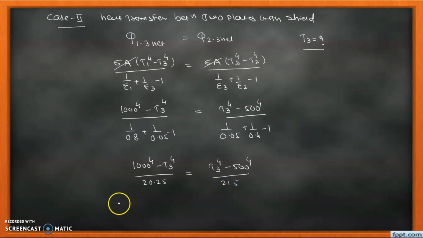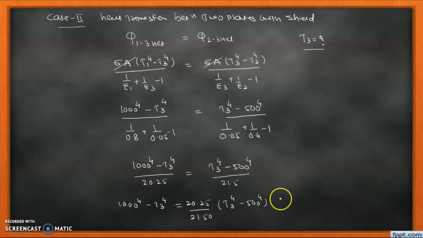Now by simplifications we get 1000 to the power 4 minus T3 to the power 4 equals 20.25 divided by 21.50 into (T3 to the power 4 minus 500 to the power 4).